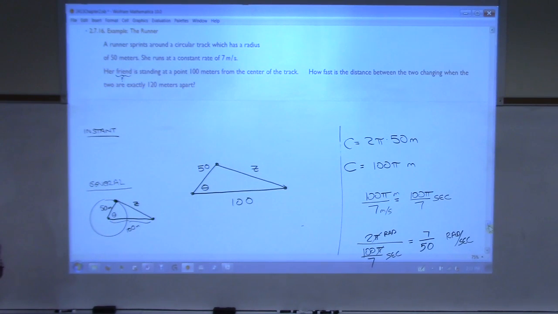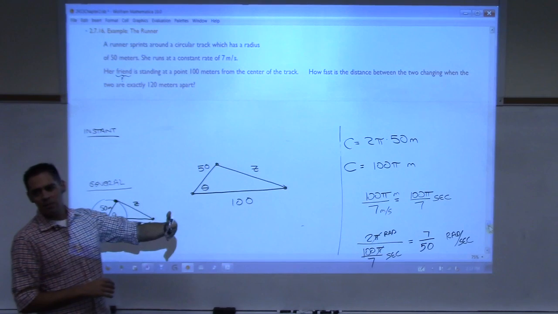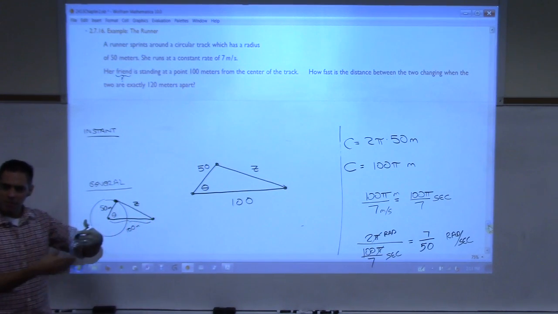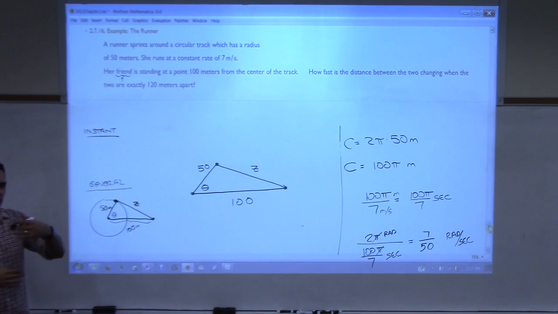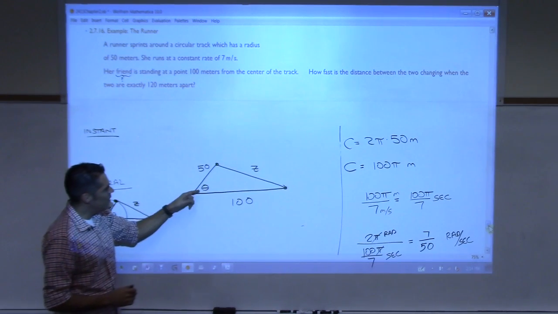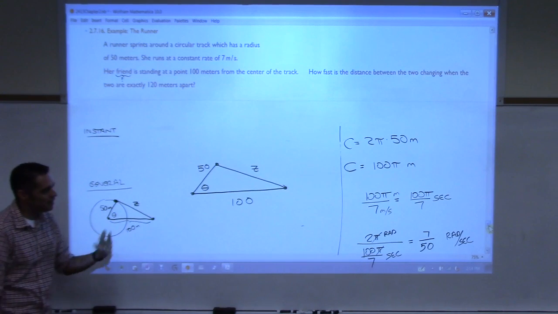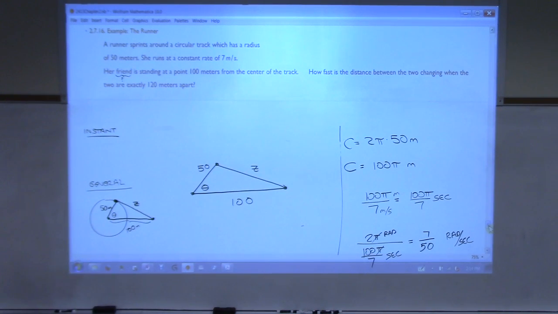Law of sines you use when you have the angle that corresponds to a side and you're looking at it with a different angle in its corresponding side. Here we have an angle and then two sides, so we can do side angle side.